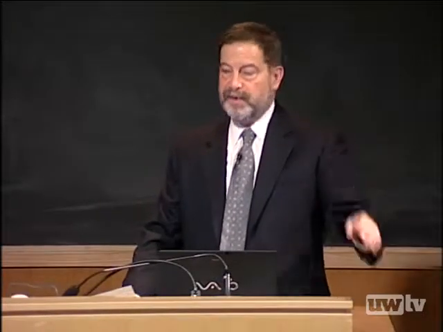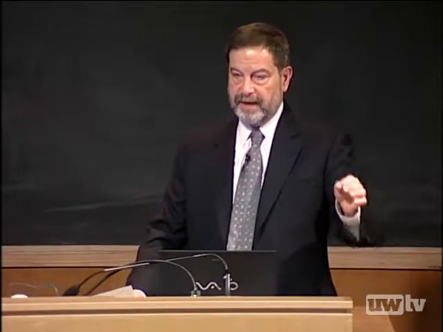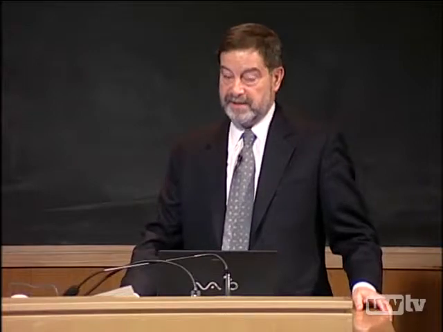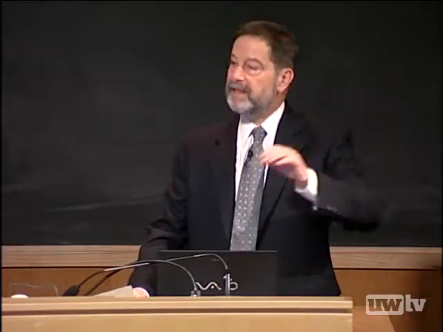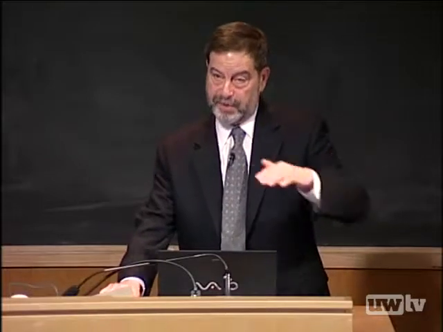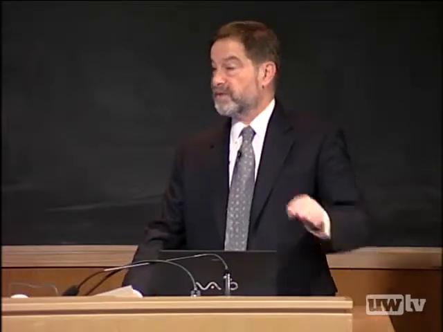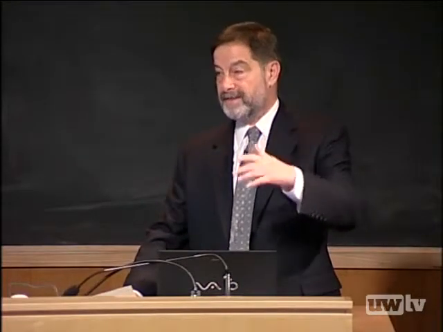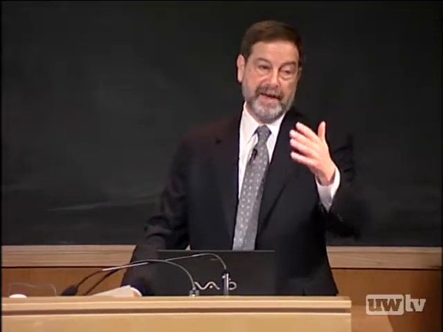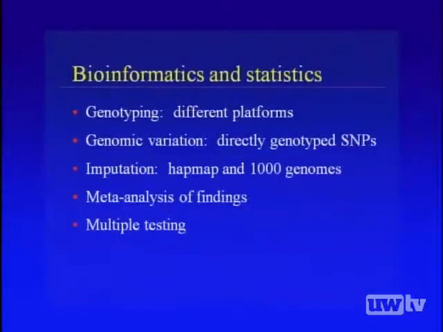And some very clever people, including Thomas Lumley, Ken Rice, and others from our Department of Biostatistics here, had a very important role in defining the fact that we didn't need to share the individual data across these studies. All we needed to share was the findings within the study. And we could do a meta-analysis of findings as opposed to a meta-analysis of pooled individual level data, where you have the genotype and the phenotype for individuals.